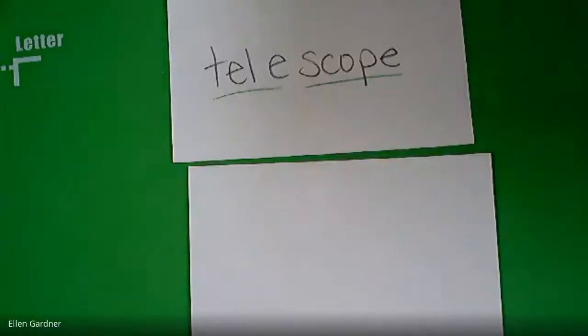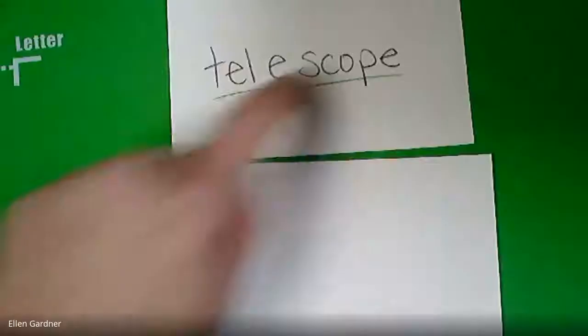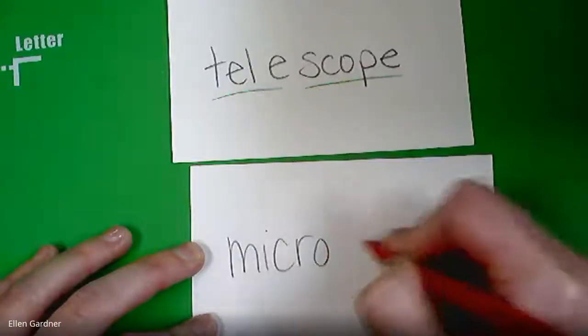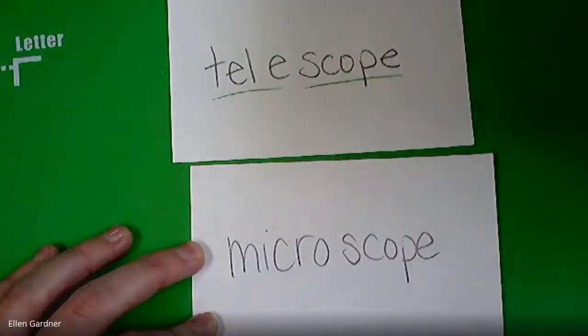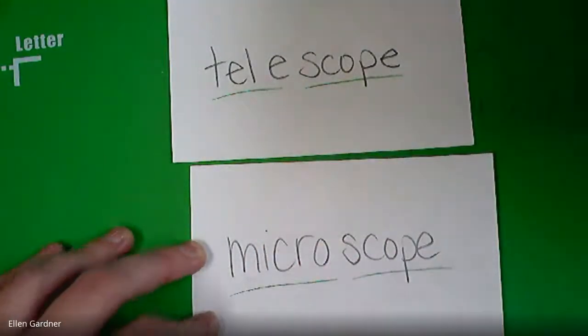I saw you react though. What do you think microscope means? If scope means to see or look, and micro means small. Seeing small? Excellent. So it is a device for looking at small objects rather than distant objects, small objects.